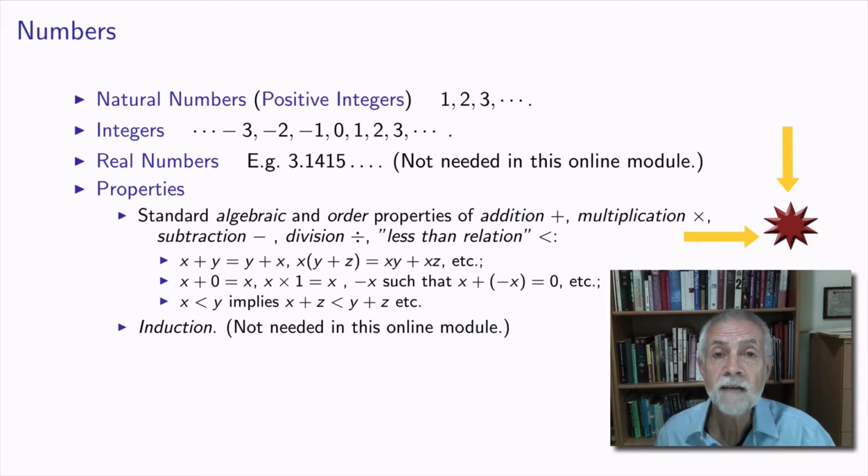So the starred remark now is that a small group of similar properties to those we just saw for addition, multiplication, and the less than relation, plus induction, a small number of such properties, are sufficient to derive, using the rules of logic, all the standard properties of the integers. We can even go one step further and we can formalize the logic itself, such as if a statement P is true, and if the statement P implies Q is true, then the statement Q is true.